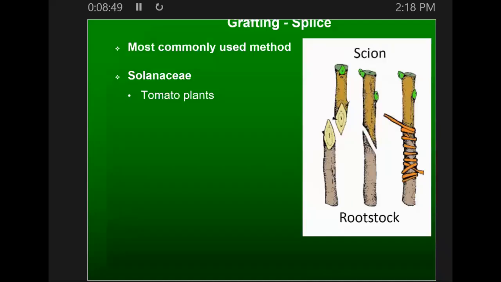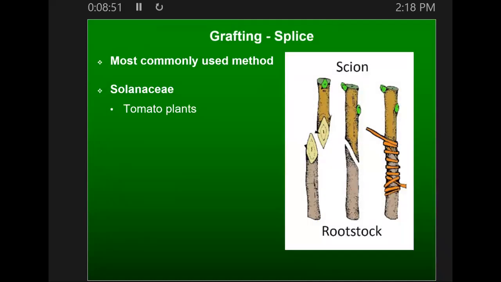And so doing this splice grafting is quicker, and it just saves time, saves money on labor costs, and has a good success rate with some herbaceous plants in particular.